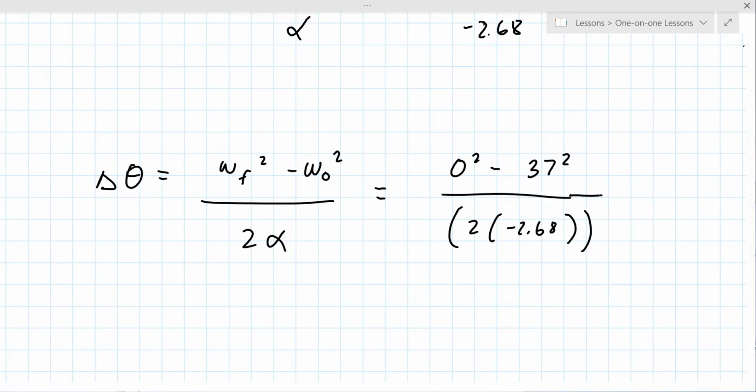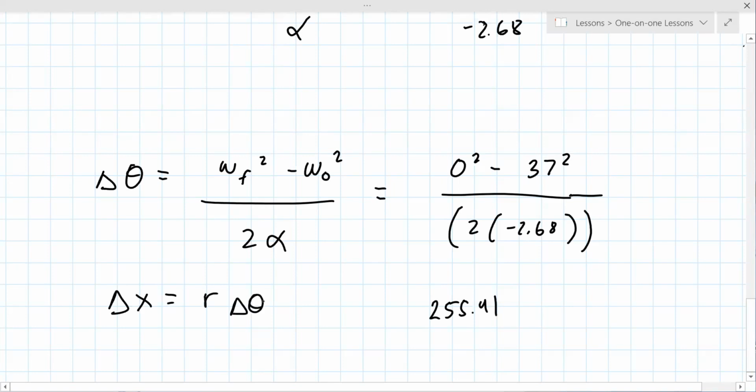All right. 255.41. Okay, 255.41. Great. That is not the answer. The answer is the change in position, which comes from the radius times that number you just found. So your radius, if you go back, is 0.84 divided by 2 times that number. Sounds good.